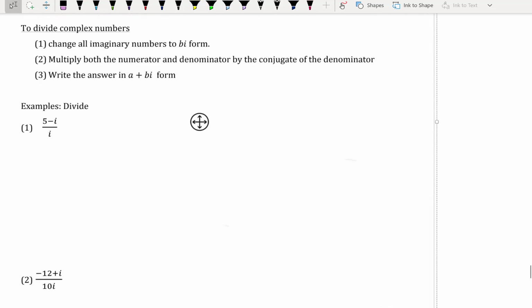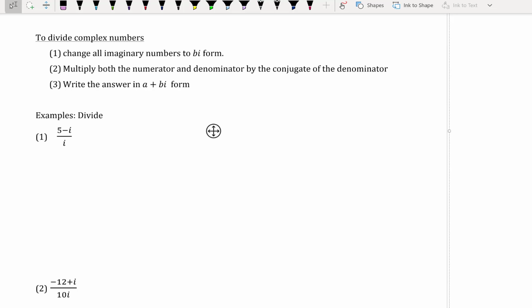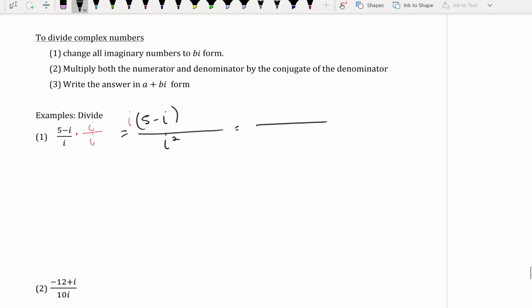Now what we can do is we can also have division by complex numbers. So this is just like rationalizing the denominators, but we don't use that terminology because now our denominator is imaginary. So instead we say we divide by the complex number. So really when we divide, we're really going to be multiplying by i on both sides, because then I have a 5 minus i times your i, and at the bottom I have an i squared. Well, I know when I distribute that I'm going to have a 5i minus an i squared, but I already know that I have an i squared.